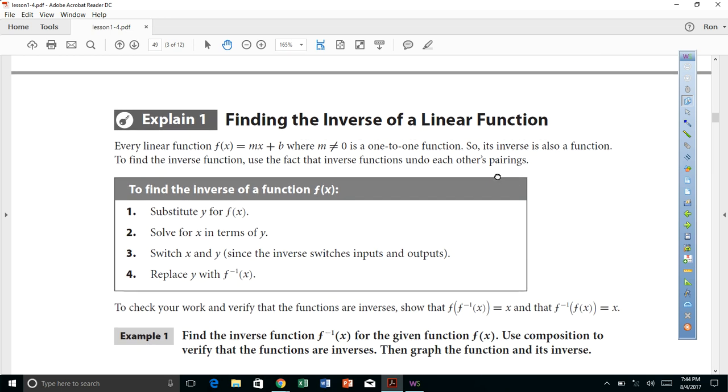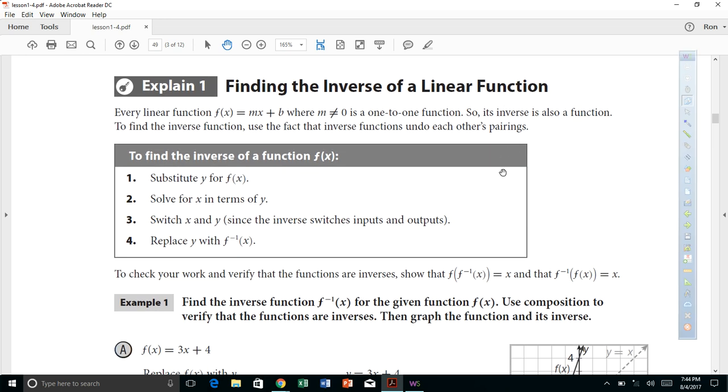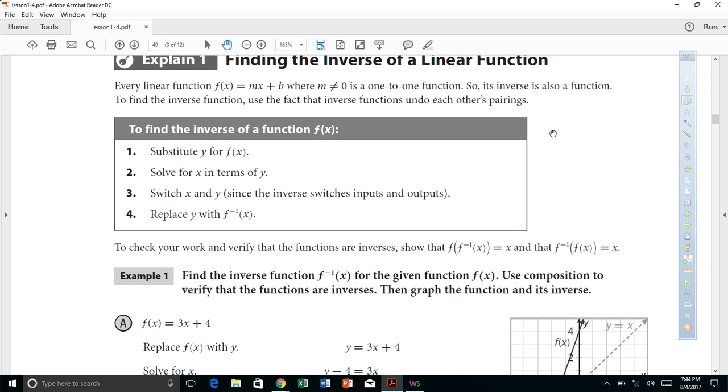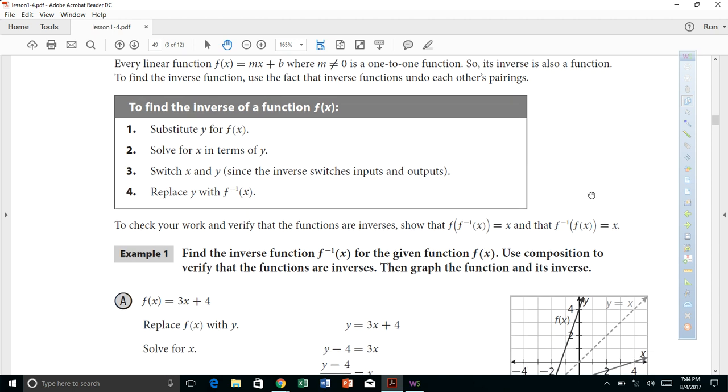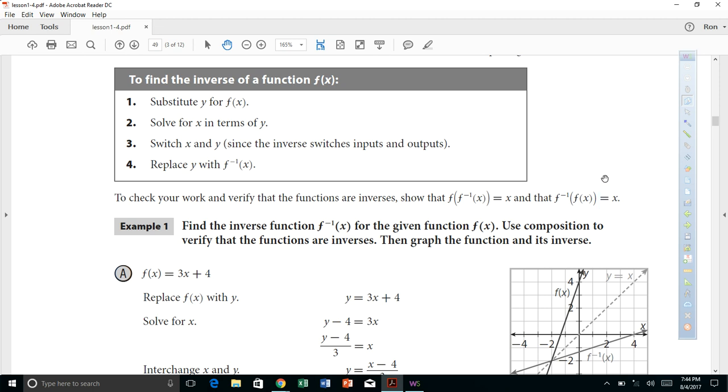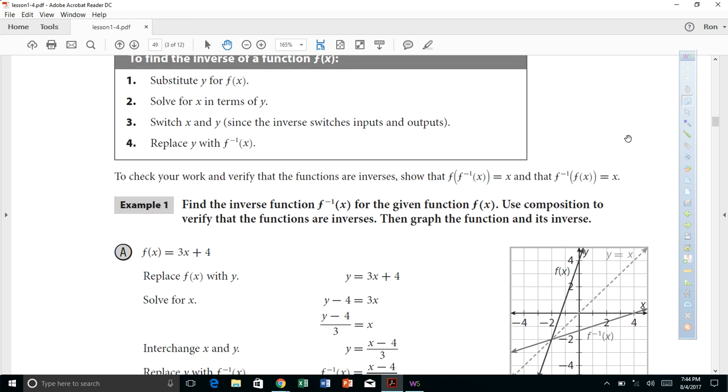Finding the inverse of a linear function. Every linear function f of x equals mx plus b, where m is not equal to 0, is a one-to-one function. So its inverse is also a function. To find the inverse function, use the fact that inverse functions undo each other's pairing. To find the inverse of a function f of x, follow these 4 steps.